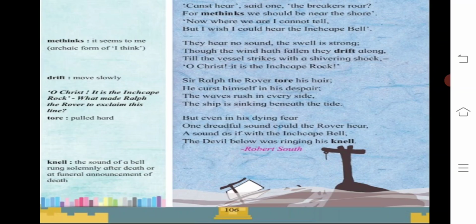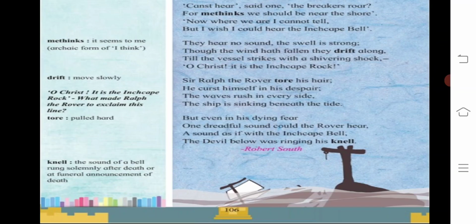He could listen to that sound. What is the greatest punishment of Rover? That he was sinking away at the same position where he had committed the sinful act, and he was listening to that dreadful sound, a sound as if with the Inchcape bell the devil below was ringing his knell. And that sound, the bell, who is ringing it?